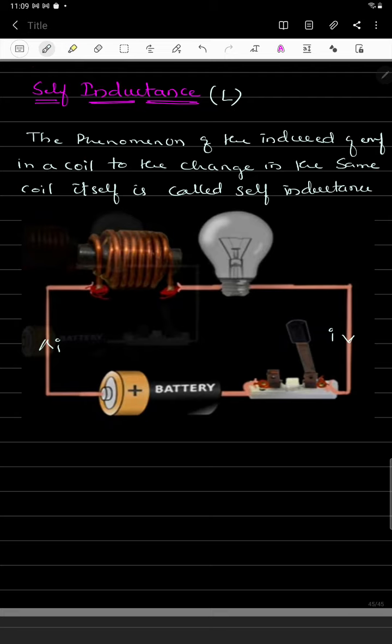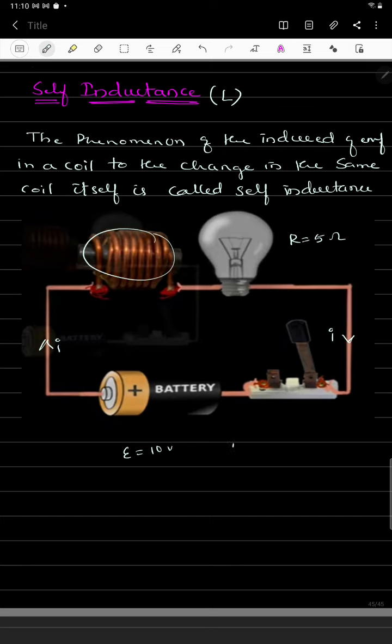The current rises from 0 to maximum in a certain finite time. For example, if I take the EMF as 10 volt and the resistance in this circuit as 5 ohm, before connecting the coil, I have 10 volt and 5 ohm.